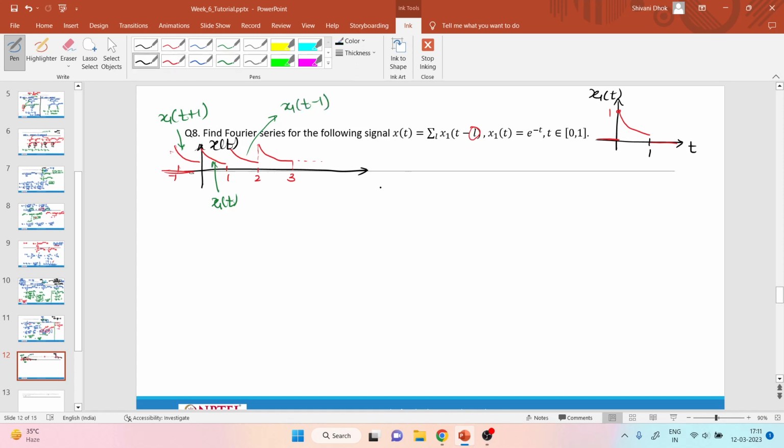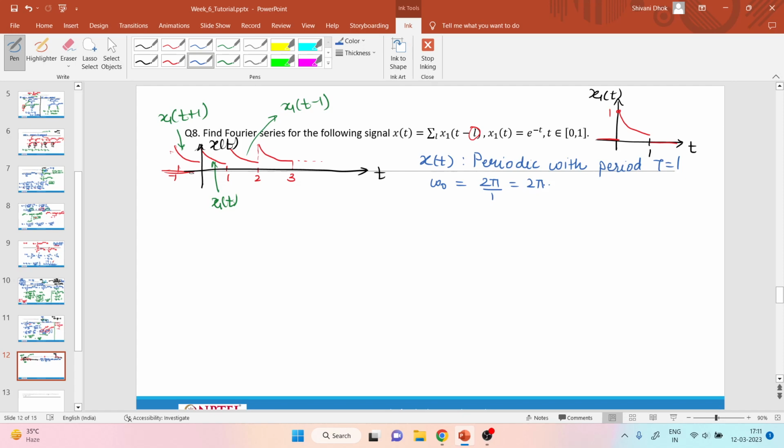So this is x(t), and we observe that this x(t) is periodic with period T equal to 1, and its angular frequency omega naught is 2 pi by 1, which is equal to 2 pi.